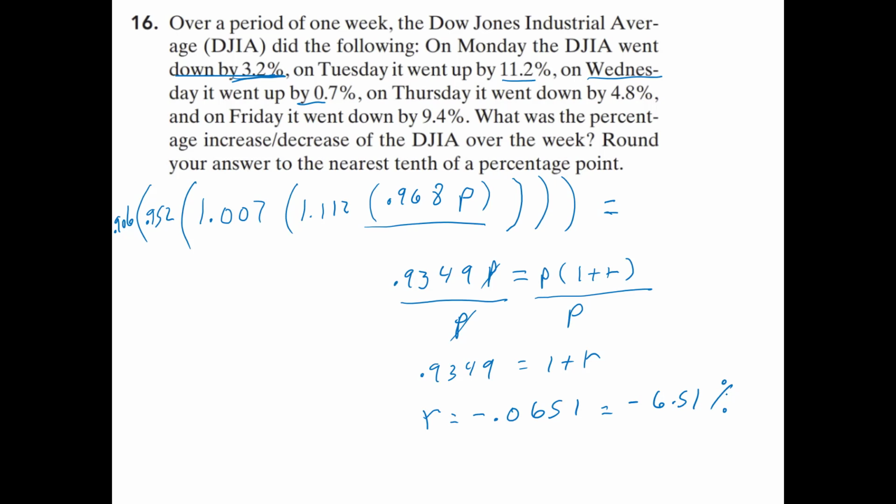Every time that you go through a percent increase or a percent decrease, you can just multiply by 1 plus r, right? If you're increasing, it's a plus. If you're decreasing, it's a minus. Let's go through this again real quick. We started out at P, then we multiplied it by 0.968 because we went through a 3.2% decrease, and then we went through an 11.2% increase, so we multiplied that by 1.112, and then we went through a 0.7% increase, so we multiplied it by that, and then a couple of decreases, and so on and so forth.